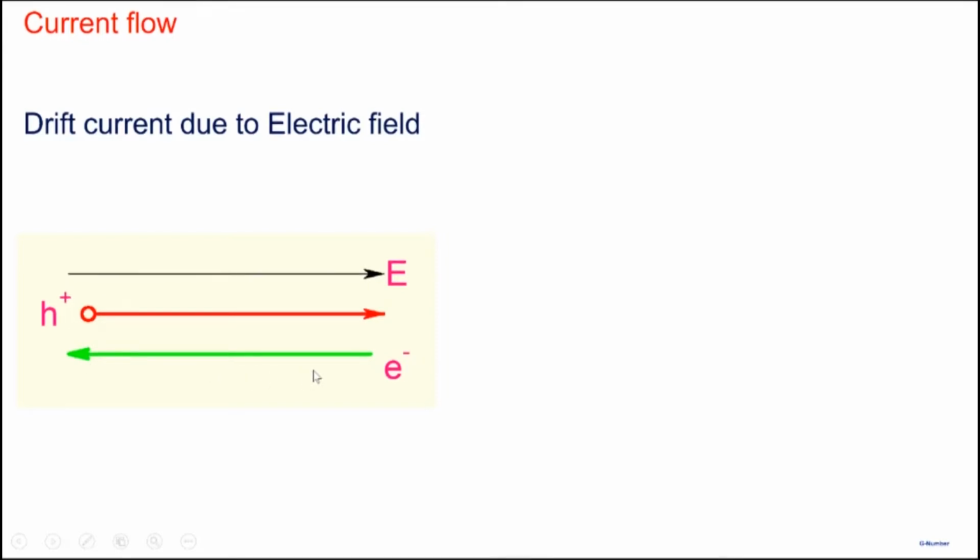So the resulting current is called electron drift current. Similarly, the hole, being a positively charged particle, will move in the direction of the field, and we call the resulting current the hole drift current. So these are due to the process of electric field here.